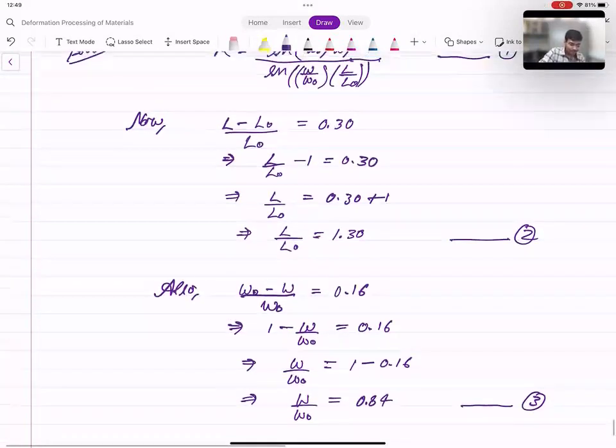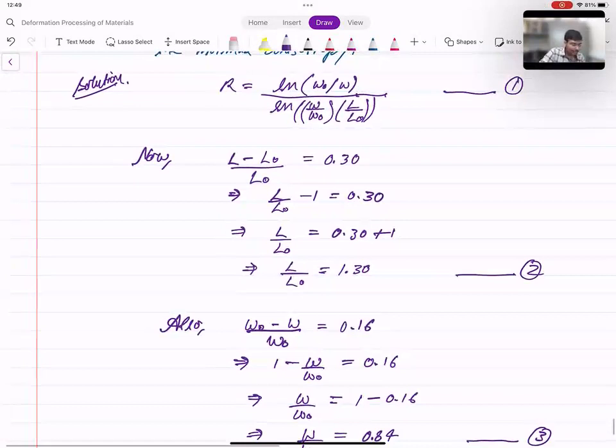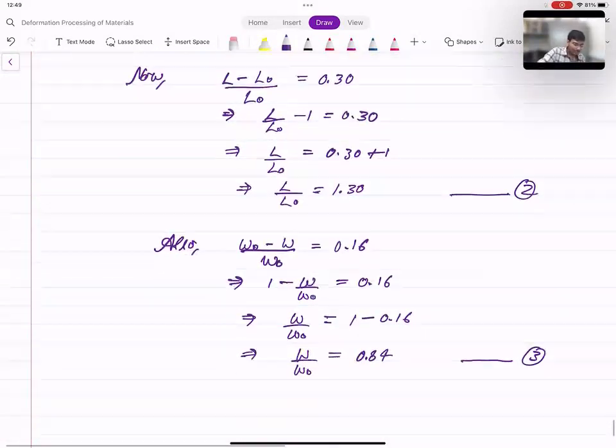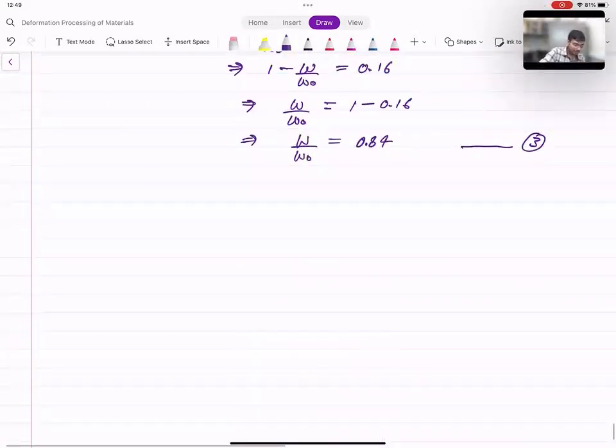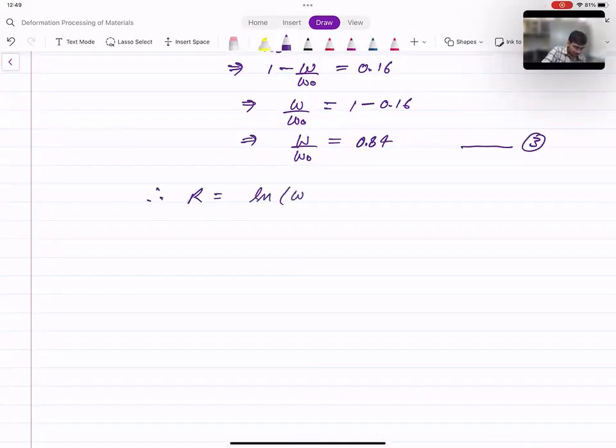So from equations 1, 2, and 3, we can now find the planar anisotropy, normal anisotropy. Okay. So R is nothing but ln of W naught by W over ln of W by W naught times L by L naught.